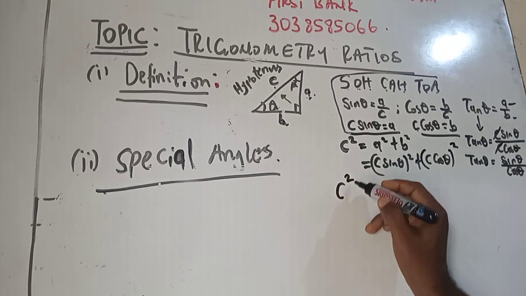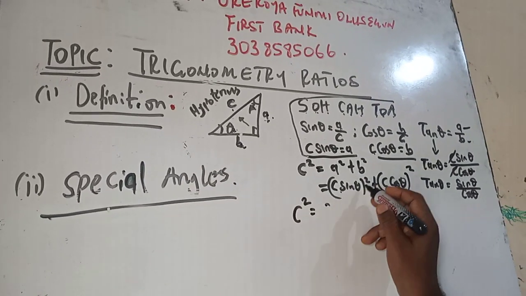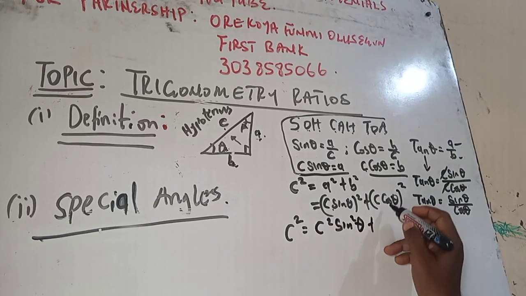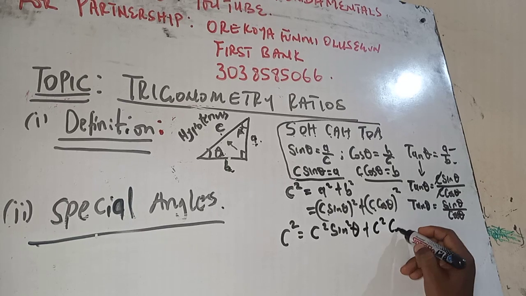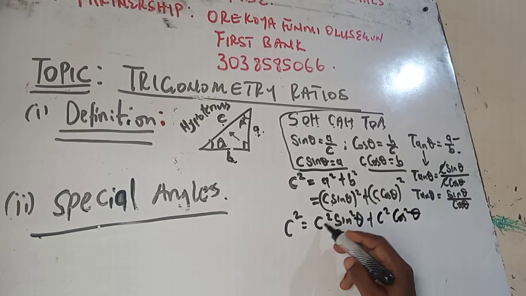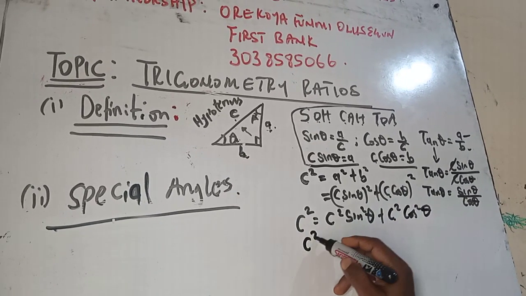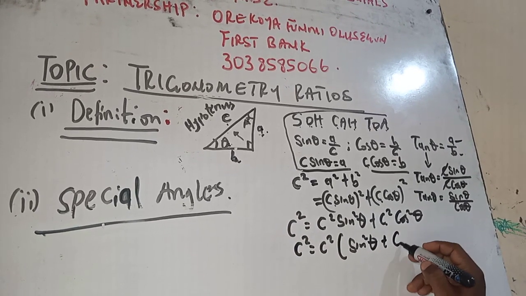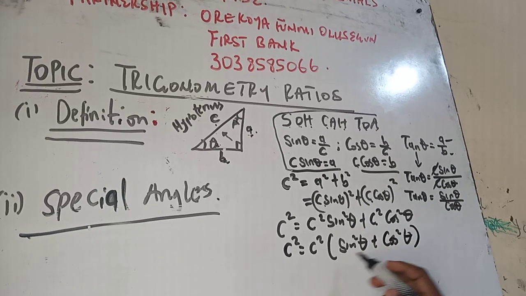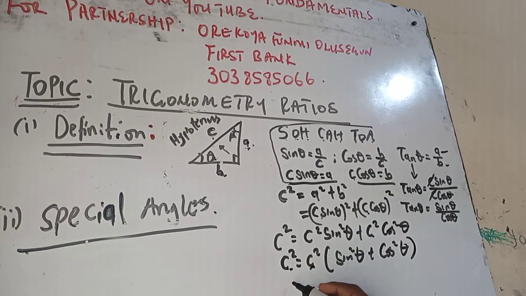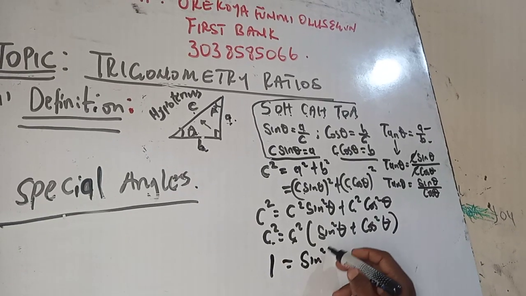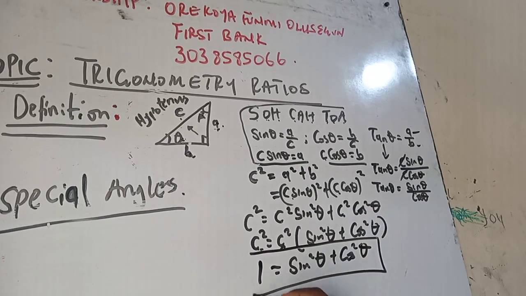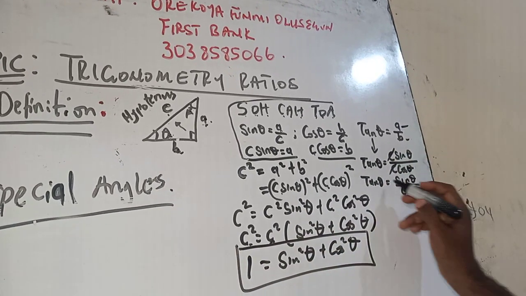Now I have C square is equal to, if you open this bracket, C square sine square theta, plus if you open this bracket, C square cos square theta. I can factorize this C square out. So I have C square is equal to C square bracket sine square theta plus cos square theta. If you divide both sides by C square, I have 1 is equal to sine square theta plus cos square theta. Please take note of this standard trigonometry ratio that I've already derived here.